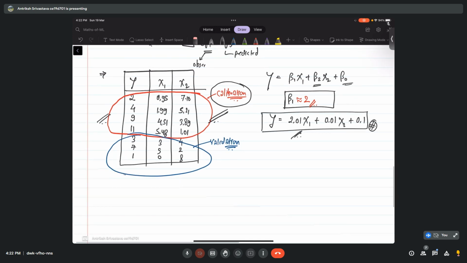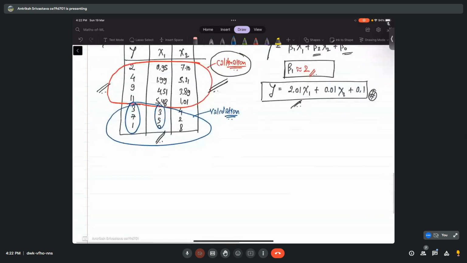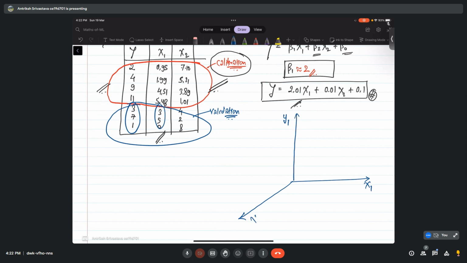But now if you go for validation, you will see that that particular relation is nowhere to be found in this x1 and y. So to represent it graphically, if this was my x1 and y, and let's say this is 1, 2, 3, this is 2, 4 and 6.